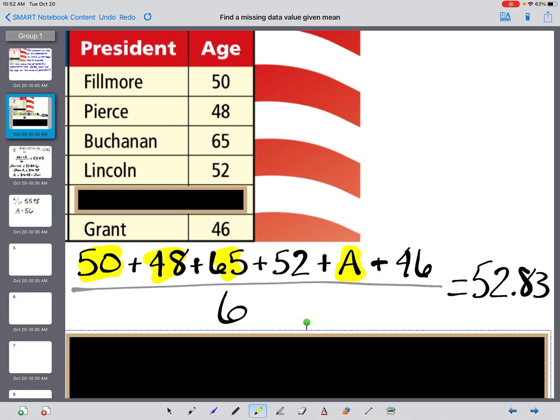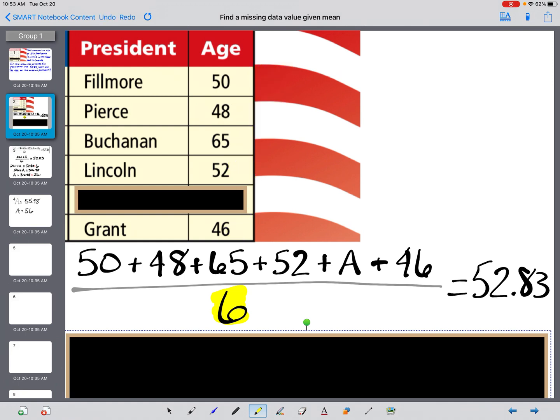So we're including all these ages in an addition sentence, along with the unknown value of the missing president. But not only that, since we're given the mean, what we're going to do is divide that sum by how many data values there are, which is 6 total presidents, 1, 2, 3, 4, 5, 6.